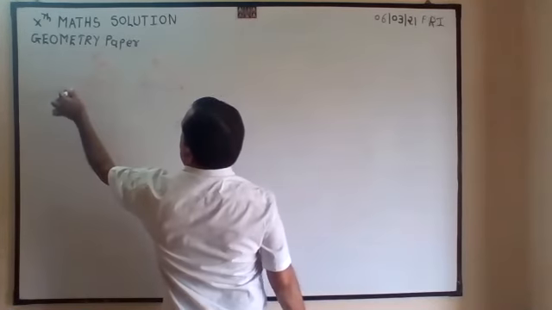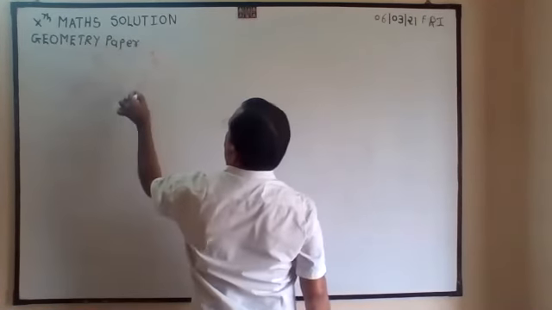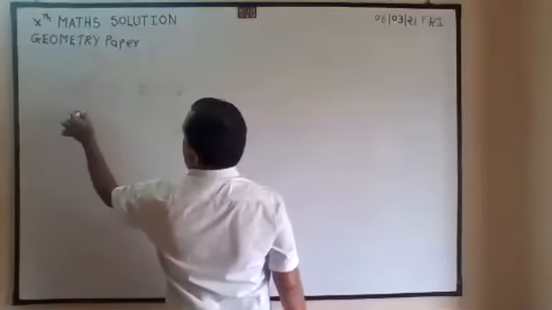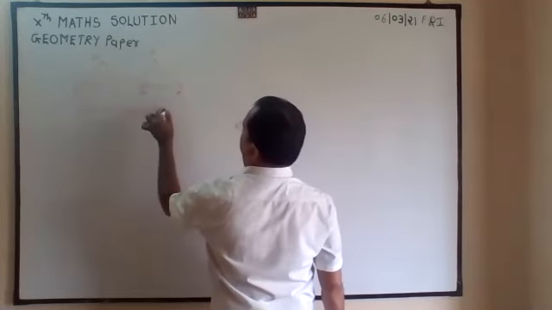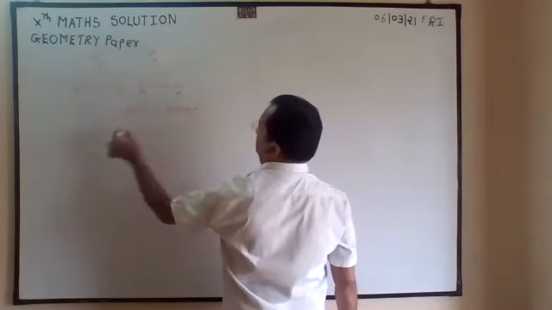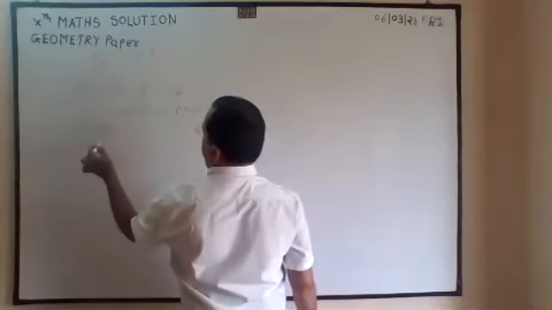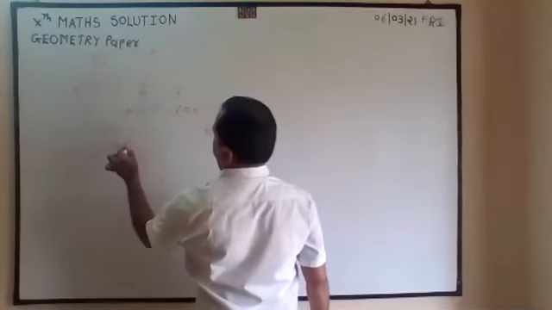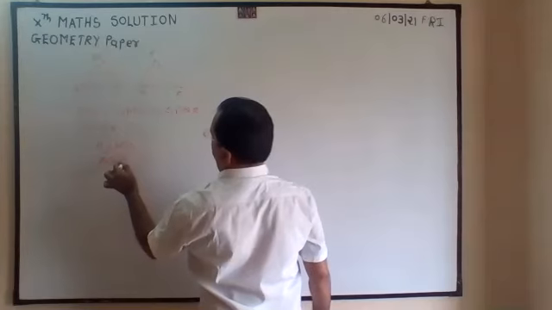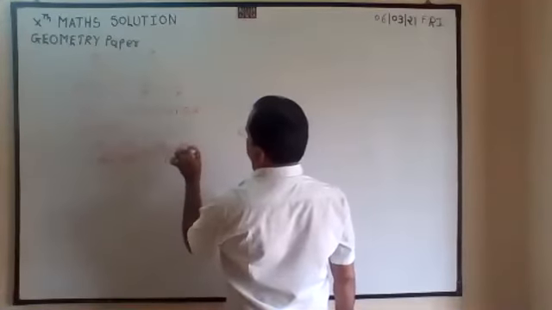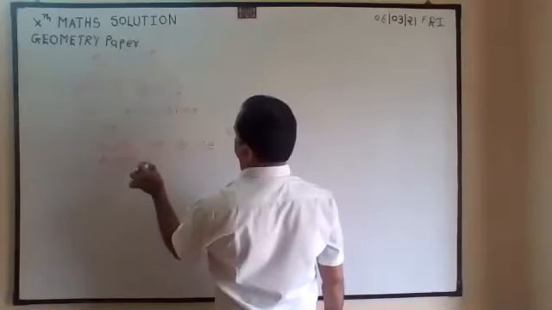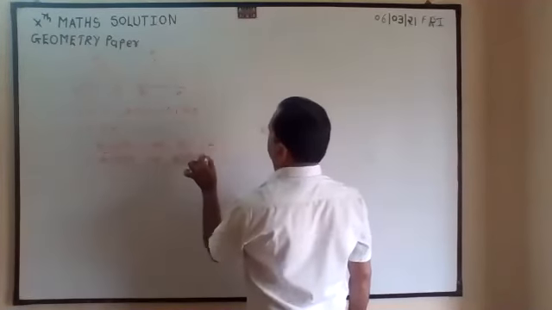It is given: triangle ABC similar to triangle PQR. To prove that area of triangle ABC divided by area of triangle PQR is equal to AB square, BC square, CA square divided by PQ square, QR square, RP square.